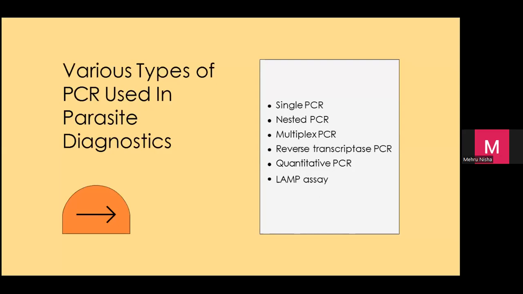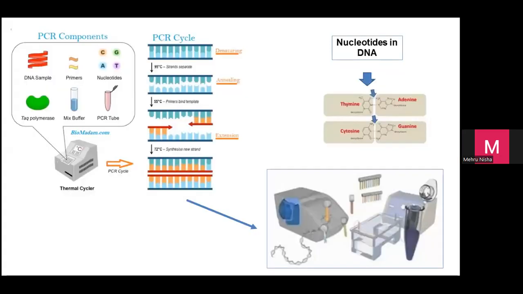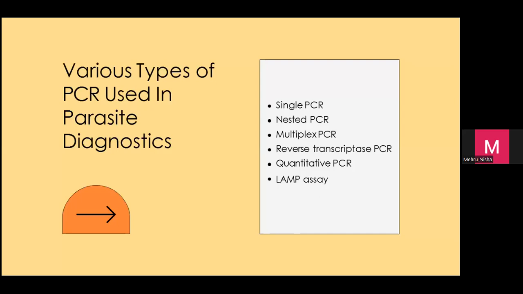So this is basic. Kita akan tengok various type of PCR yang boleh diguna di bidang parasite. Kita ada single PCR, this is what I explained tadi. Nested PCR. Nested PCR ni you nak terperinci saja, nak amplify certain thing.